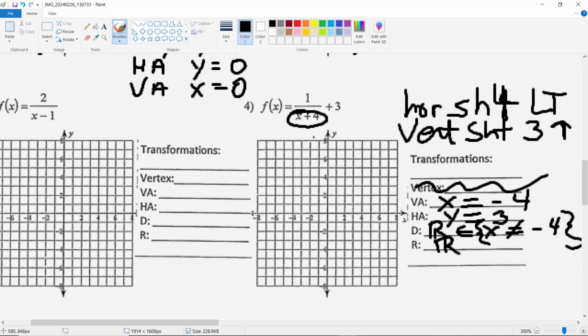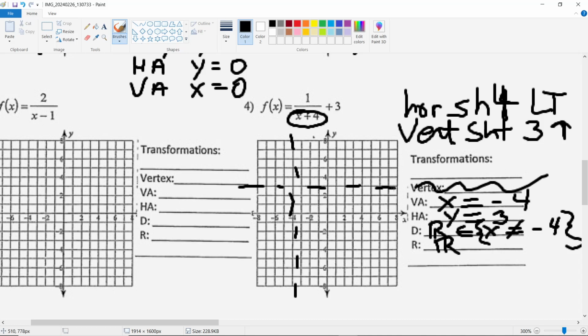So let me draw in the asymptotes, x equal minus 4. And the horizontal asymptote, y equals 3. Well, they didn't give me much room to draw this on this graph. And so let me do a couple of points.